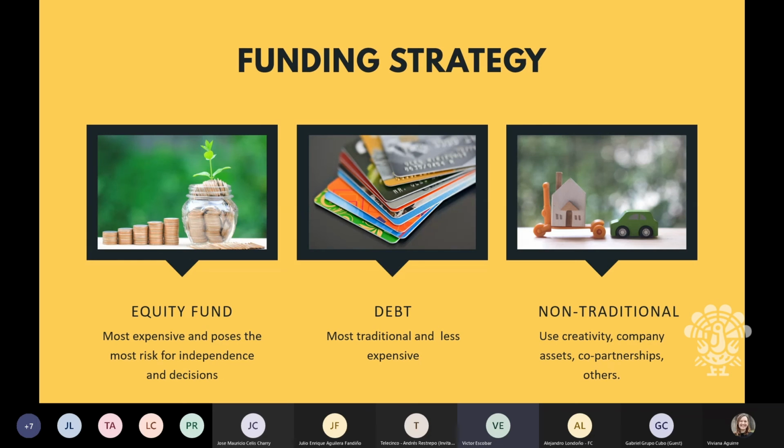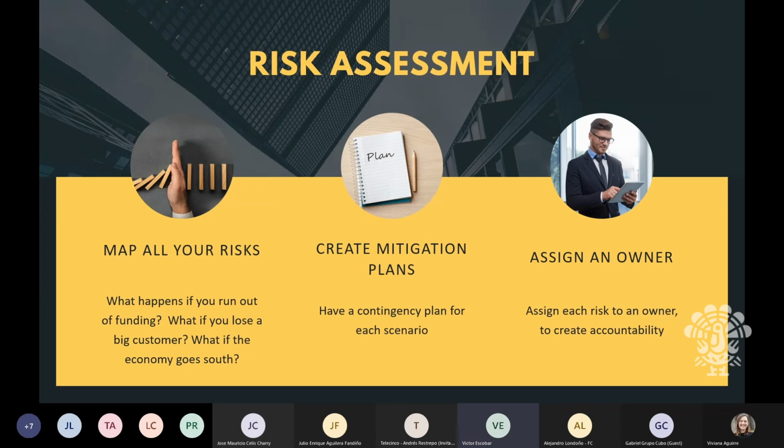And finally, we will finish with the risk assessment. So it is important, and I know that I have repeated myself all the presentation and say that everything is important, but it is that you make an assessment of the risks that you are doing. So have you ever measured the risk that you are having in your company or in your project?